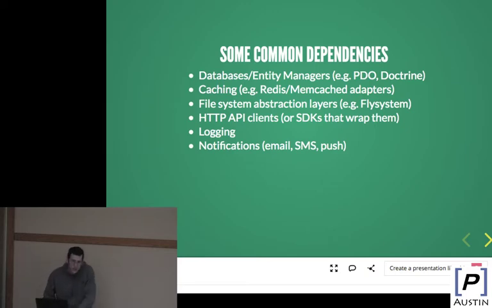And likewise, if you need to send an email or a text message or a push notification, that is another dependency, even if all that dependency does is throw the message on a queue and have a worker pick it up later, which, oh, by the way, that queue is still a dependency.